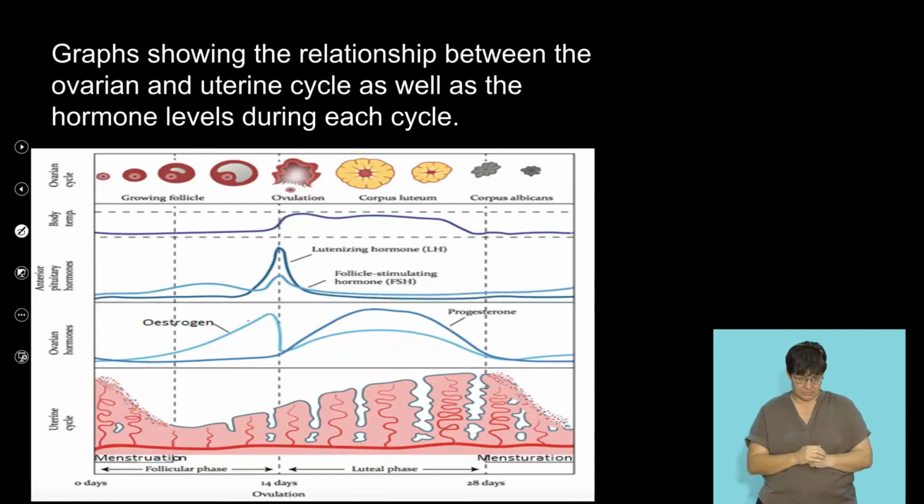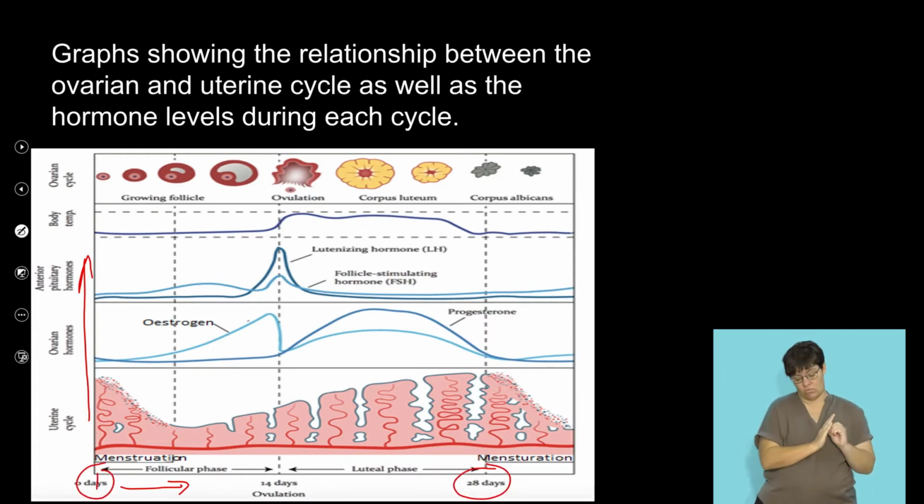So there are various processes indicated along the y-axis. We'll refer to that in a bit, but it's important that we understand what is on the x-axis. On the x-axis, we've got the duration of the cycle from day 0 or day 1 all the way to day 28, with the midpoint being day 14 here.